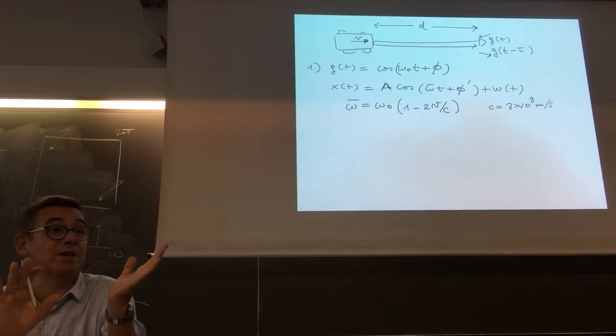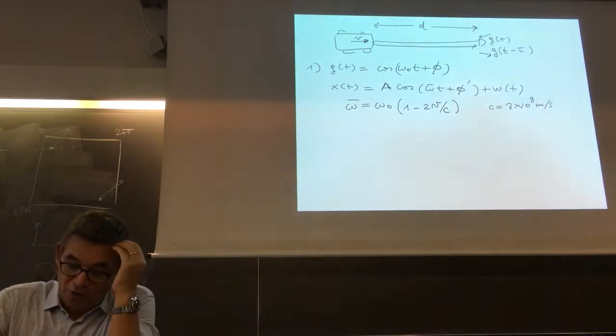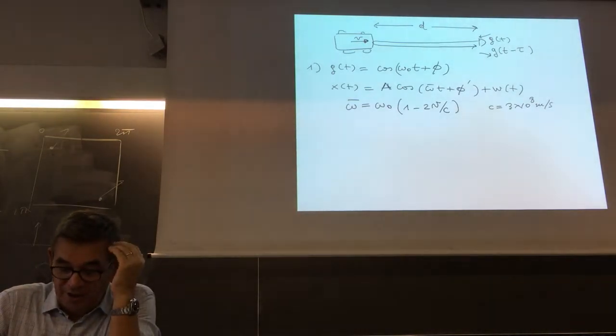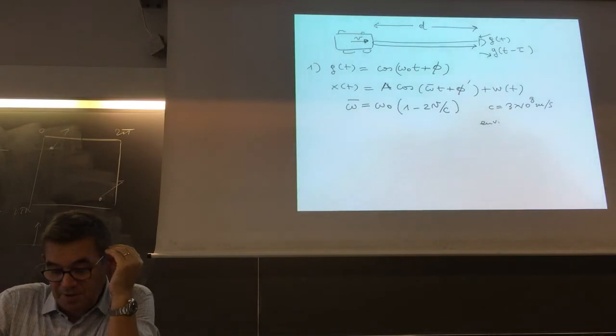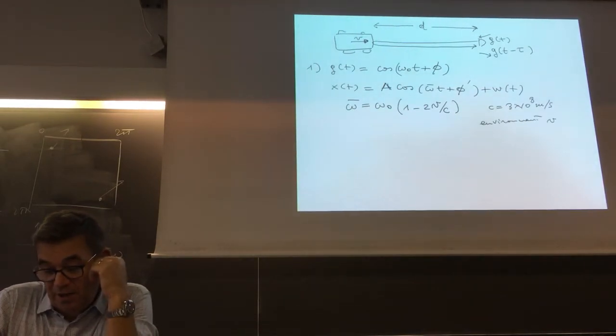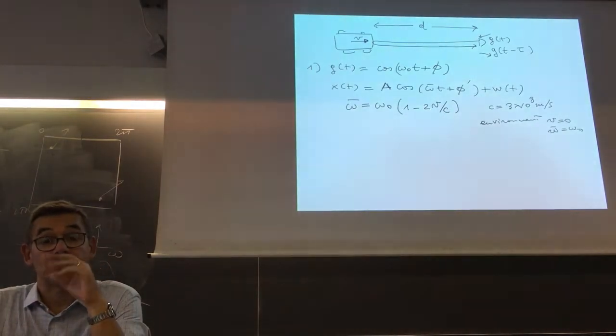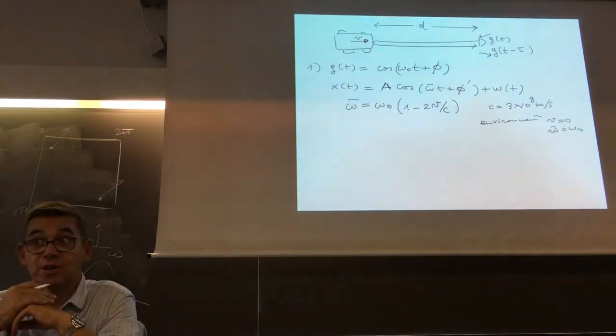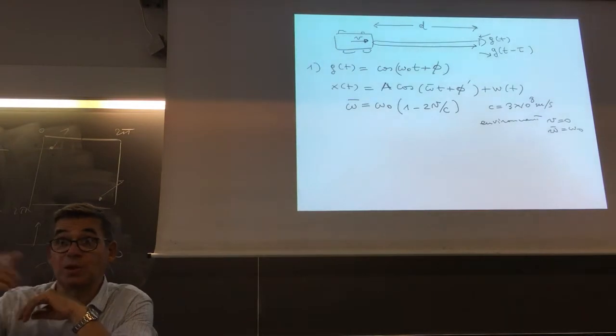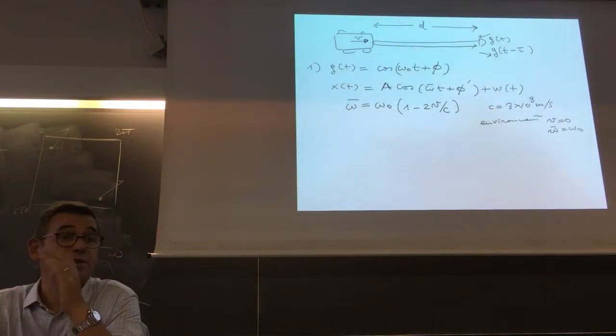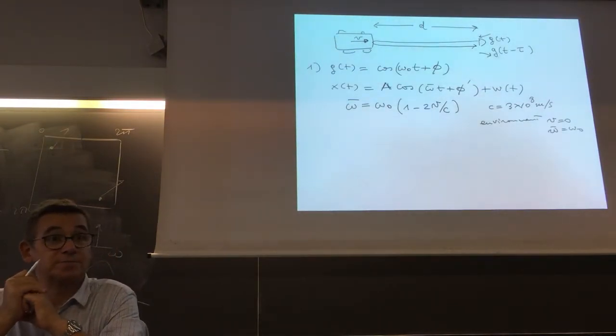The others remain there because for the environment, v equals 0, and then omega hat is equal to omega 0 for the environment. But for a vehicle that is approaching the police, which is pointing there, in that case omega hat is different from omega 0.